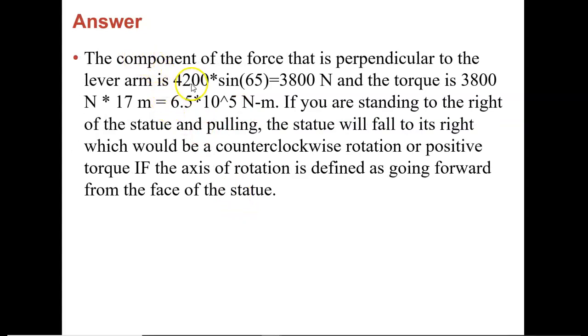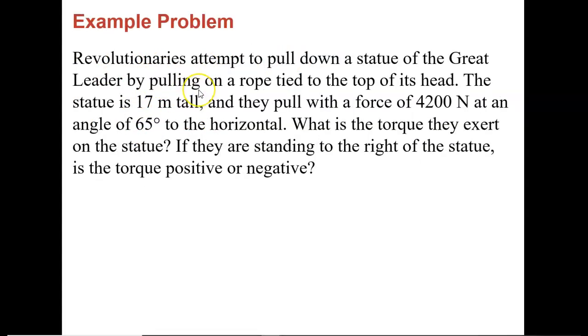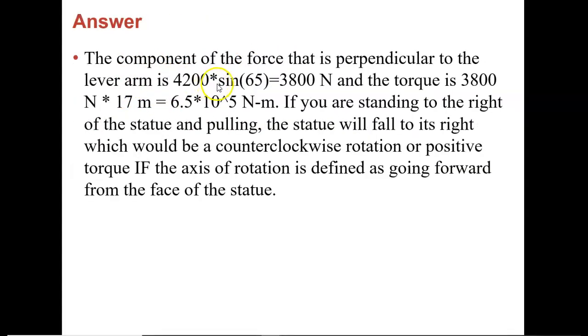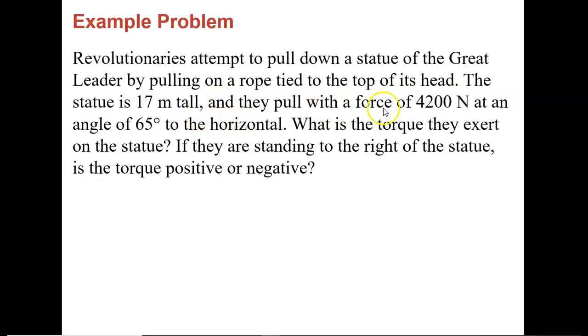Okay, so the component of the force that's perpendicular to the lever arm, which is the statue, is 4,200 newtons times the sine of 65. How did we get 65? 65 degrees to the horizontal.